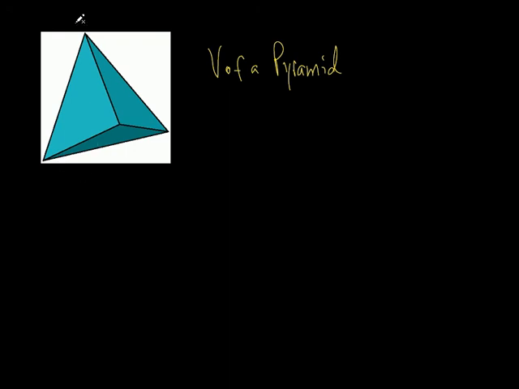So if I was able to fit this inside of a triangular prism with the same exact base and the same height and everything else, that pyramid takes up exactly 1/3 of that whole entire volume. So if I had the volume of a prism, this pyramid takes up exactly 1/3 of the volume of a prism. So the equation's really easy.